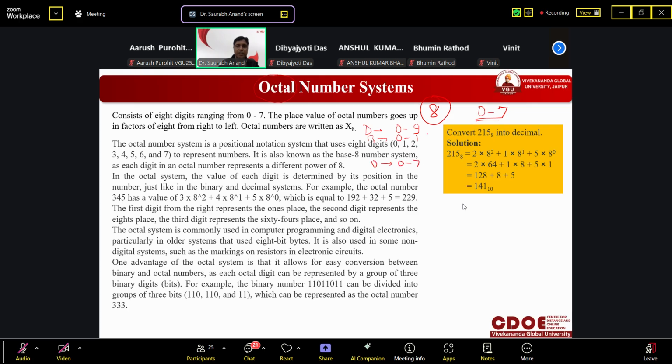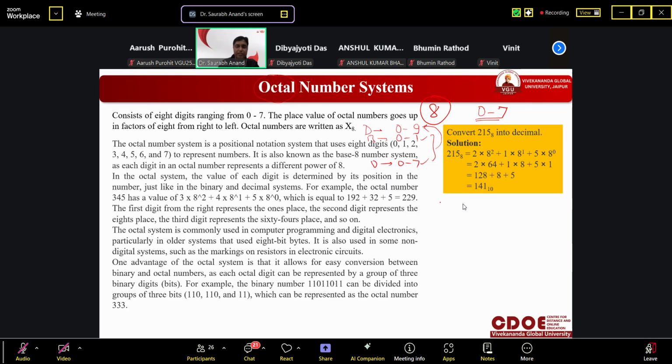So these numbers fall inside or in between the decimal range, so we have to carefully write whether it is octal, decimal or binary. Clear? The radix is very much required there.